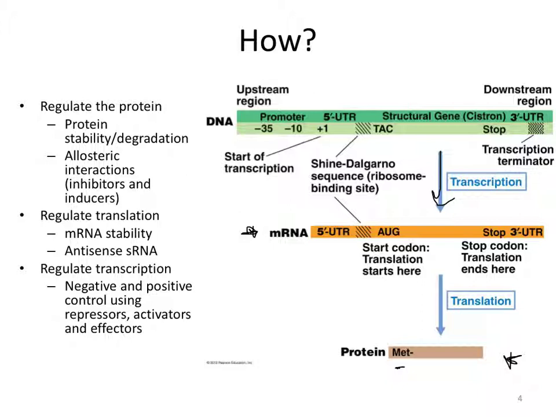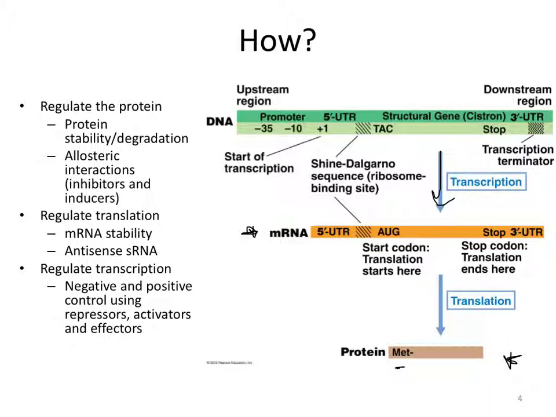This can be done in a variety of ways, but typically involves pre-transcriptional regulation, which uses negative and positive control mechanisms that rely on repressor or activator proteins, as well as small molecules known as effectors. You have studied the lac operon, and we will review it here, so you already know a little bit about this type of transcriptional control.